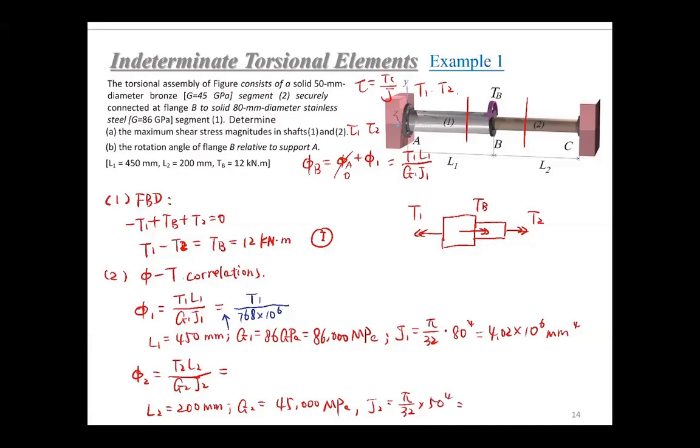You will get 0.614 million millimeter to the fourth. And from these numbers, you can calculate it. Then this will be simplified into T2 over 138 million.